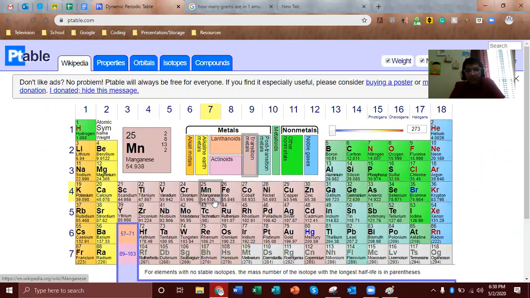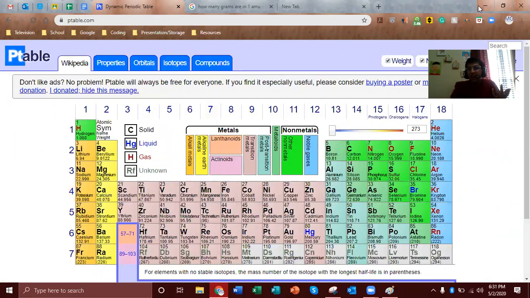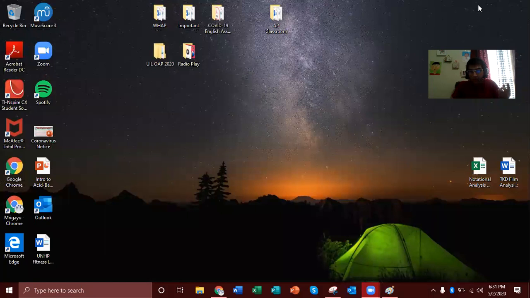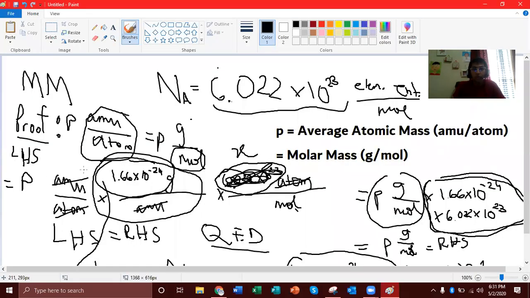Now we know why it's 54.94 grams per mole, because AMU can be converted to grams per mole using these identities of Avogadro's number, as well as what we've defined to be an AMU. We've defined one atomic mass unit to be 1.66 times 10 to the negative 24 grams.